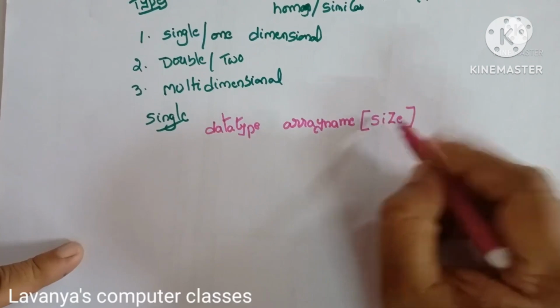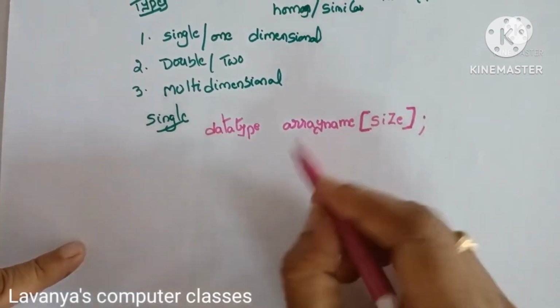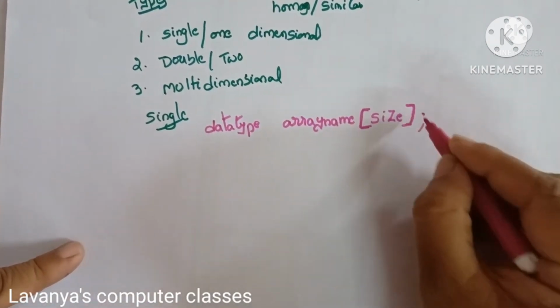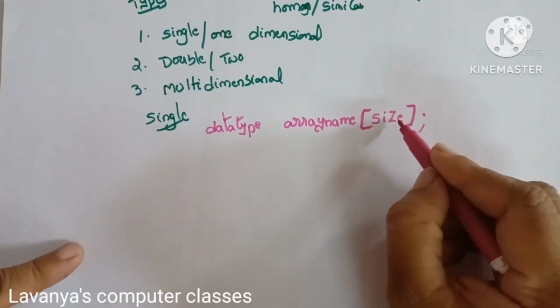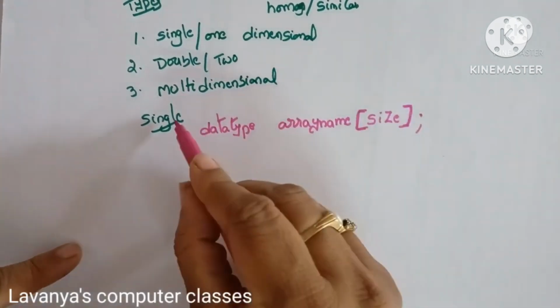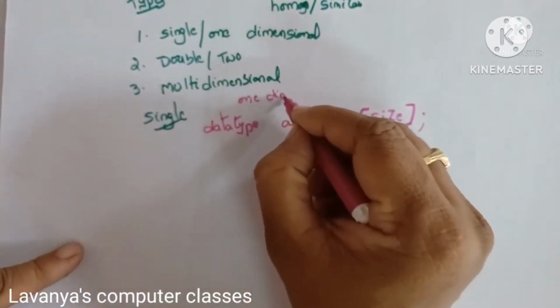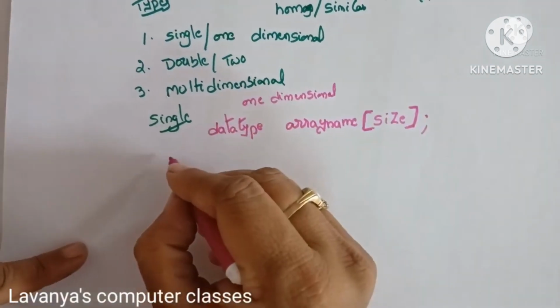The size must be kept in square brackets. Since it is a single dimensional array, we have only one subscript. The size is kept in that place, which is called the subscript. So this array contains one subscript, and it is called a single dimensional array, ending with a semicolon. This is the syntax of a one dimensional array.